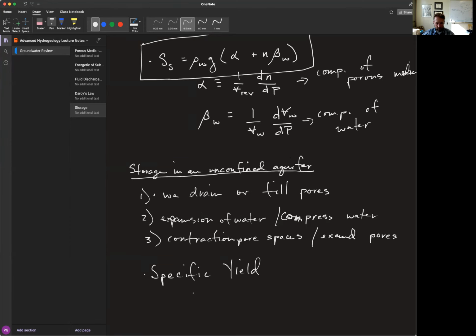And specific yield, S sub y, is defined as the volume of water released under gravity drainage, all right, over the volume of the porous media drained.